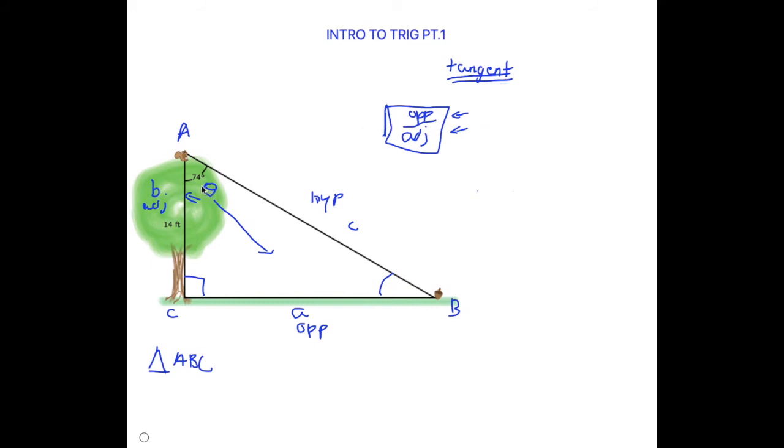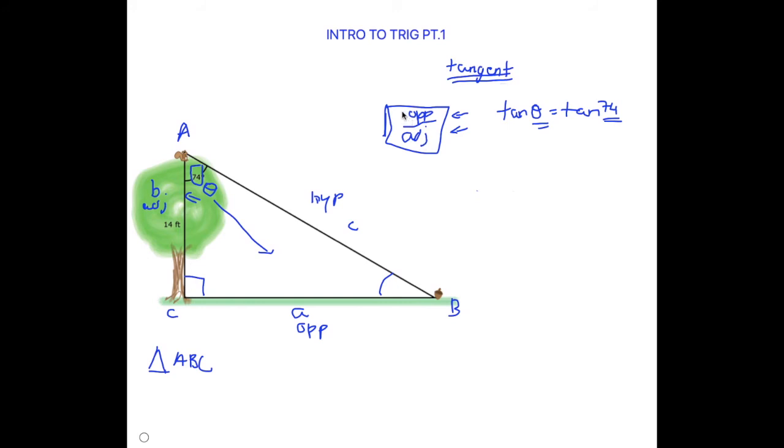Tangent of theta, so tan, the short form of it, tan theta, can be replaced as tan 74. That's because we know theta is 74 degrees.